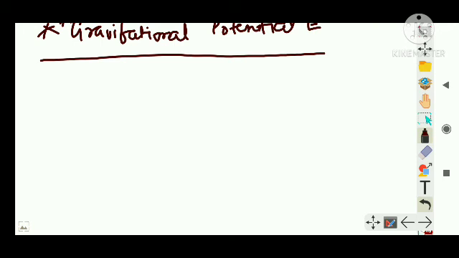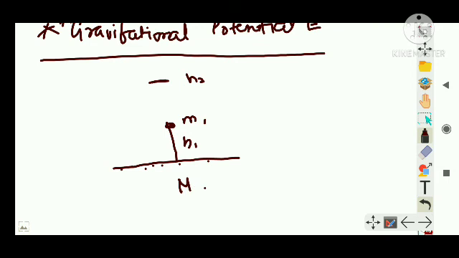See, this is your earth, this is the earth surface. Let's say this h1 is one height. Let's say I have a mass m1 here, and there is a position h2. This capital M is the mass of the earth.